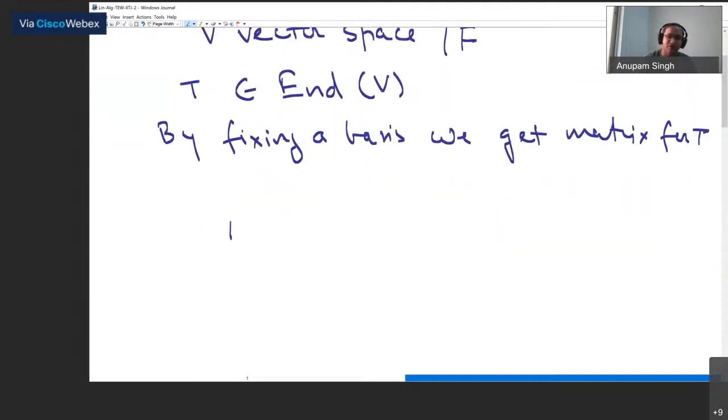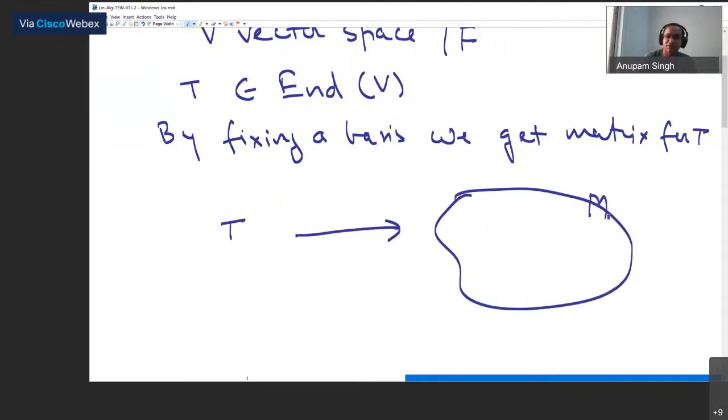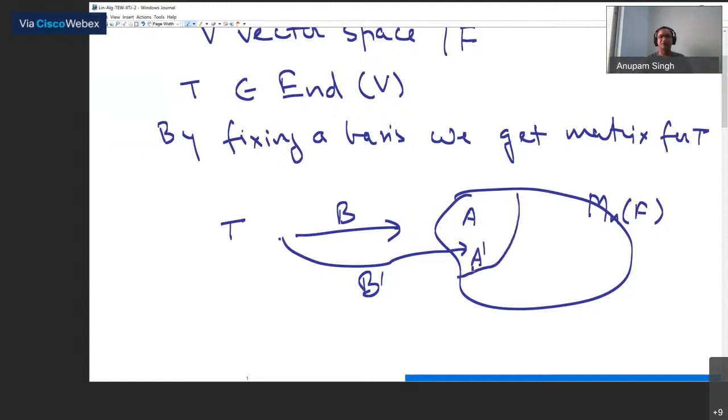So if I begin with T, and if I want to go to the set of matrices, so this is my matrices M_n(F). If I choose one basis, then I can get A. But if I choose some other basis, let's say B dash, then I can get some other matrix A dash, and I can get several matrices for the same linear transformation, right?